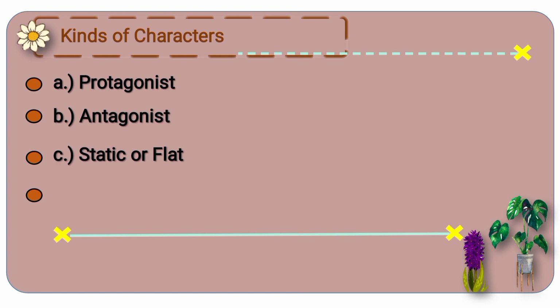Yun ang tinatawag nating static or flat. And lastly is the dynamic or full around character. They live lives of sorrow and joy, sinking and swimming in the visible tides of life, very much like us. So therefore, ang dynamic character, sila yung nagkakaroon ng iba't ibang emotion doon sa ating kwento. Kaya tinatawag sila na dynamic.